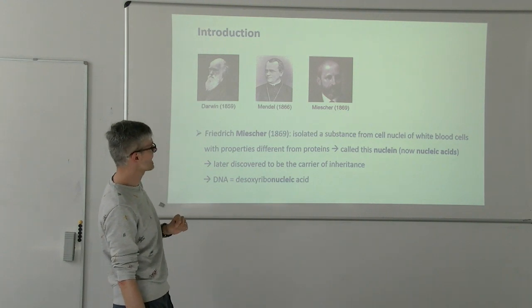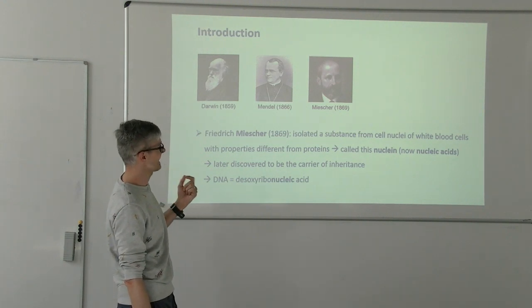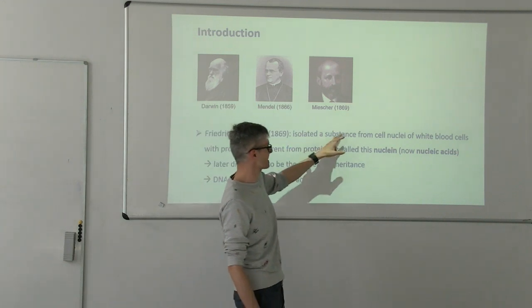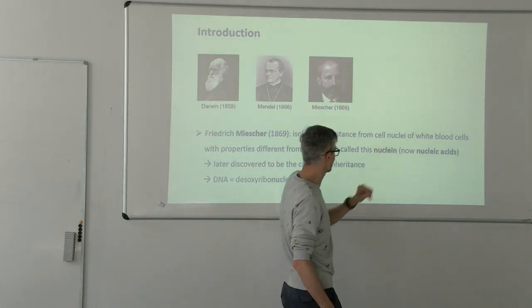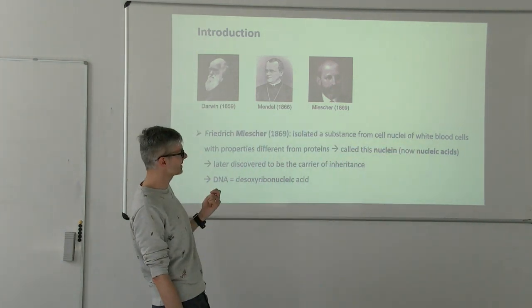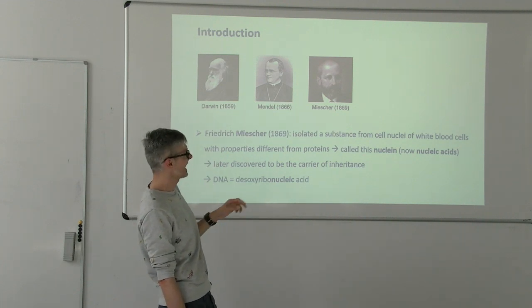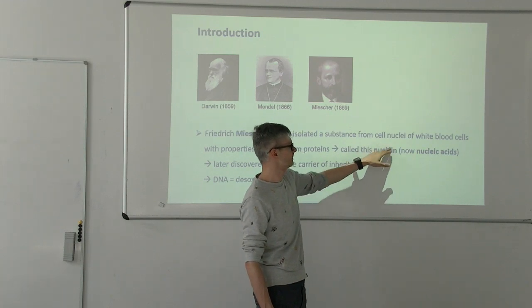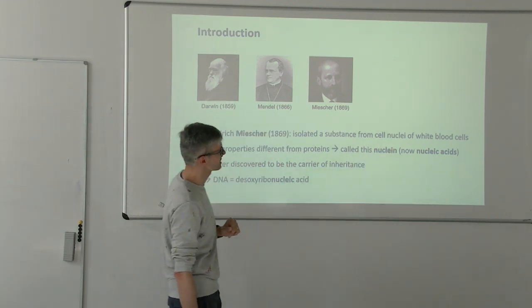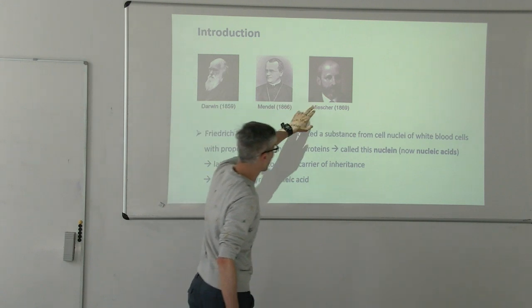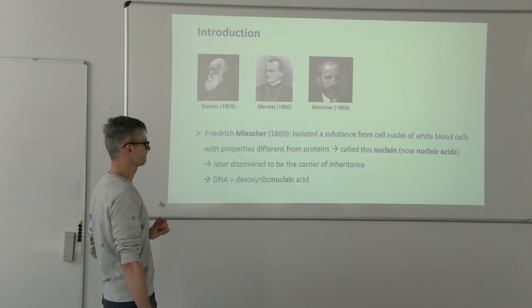What he did is he found the nucleic acids. He isolated a substance from the cell nuclei of white blood cells, and he saw that it had a different property than was known at that time, and he called this nuclein. And this is what we now know as nucleic acids. So he actually discovered this.